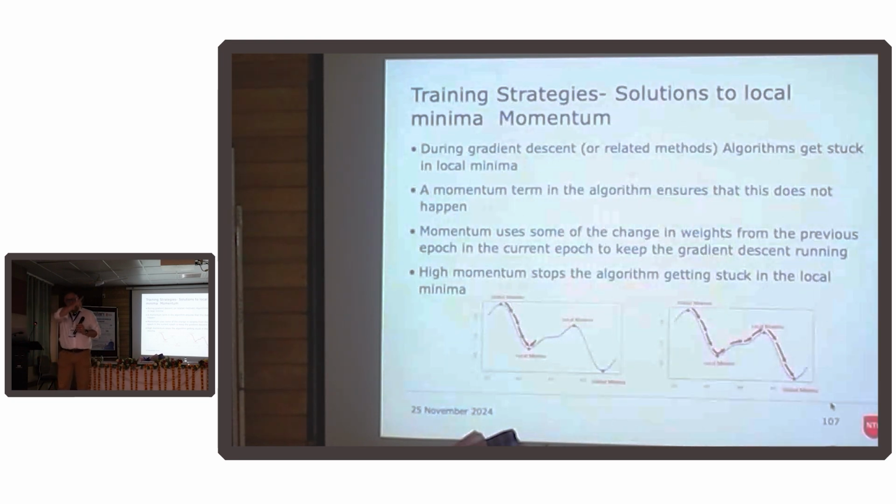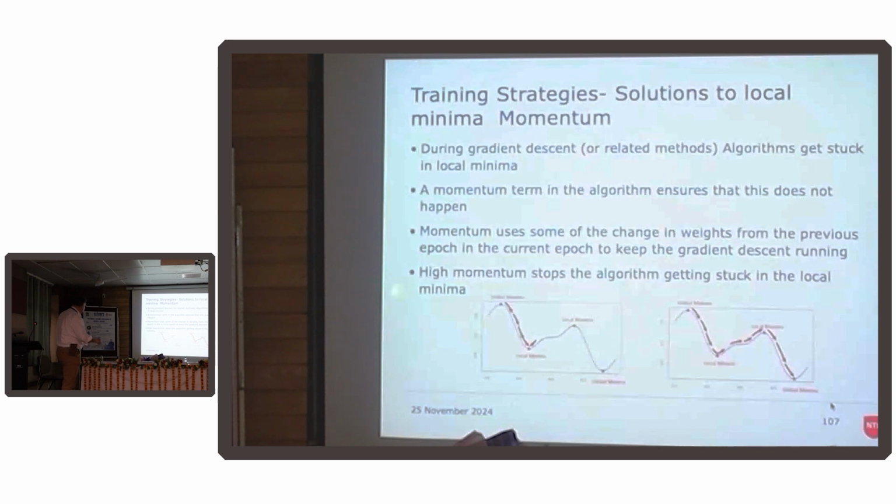It's like, you know, imagine it rolling, going over the hill, rolling further, going over the hill. So momentum, what it does, it uses some of the previous changes in weight to keep that ball rolling. So it doesn't just feed the learning rate back, it also feeds a bit of the weight change from the previous epochs back as well.